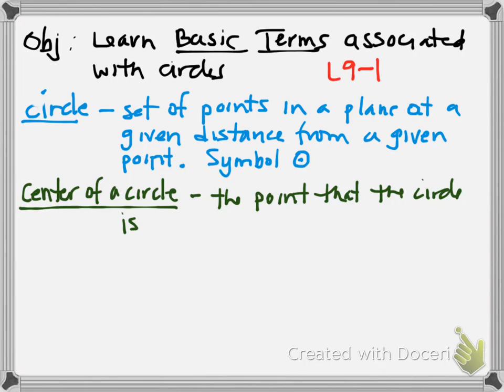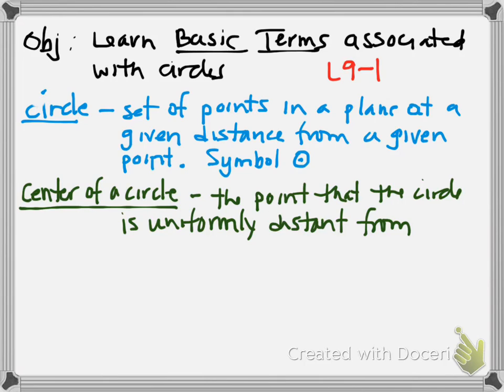It's the point that the circle is uniformly distant from. That sounds ugly, but it's okay. So the center of a circle is a point that the circle is uniformly distant from.